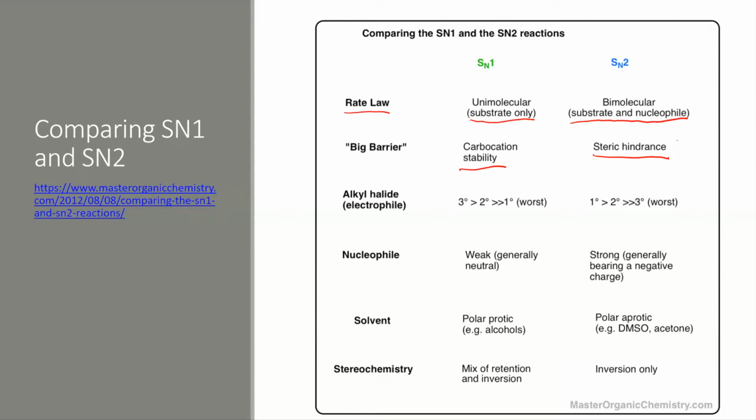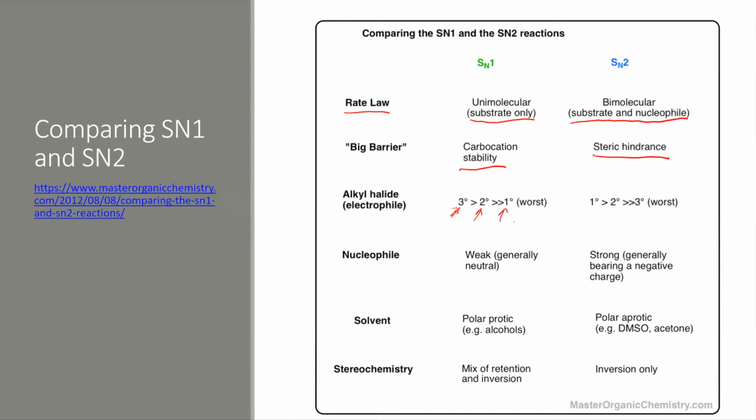Okay, what about the electrophiles? We talked about alkyl halides as electrophiles today. Remember that we can have different types of electrophiles. And generally, the trend is that for your electrophile in an SN1 reaction, a tertiary is best because it helps stabilize the carbocation, followed by secondary, then primary being the worst.